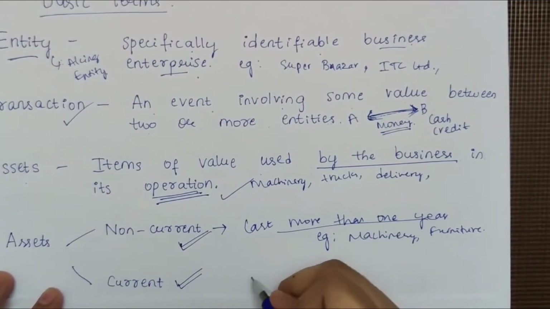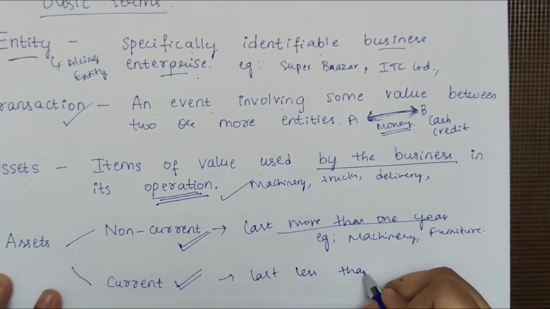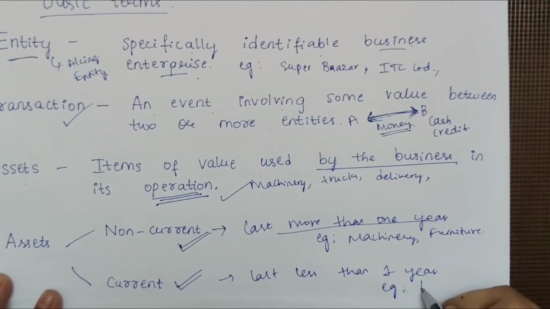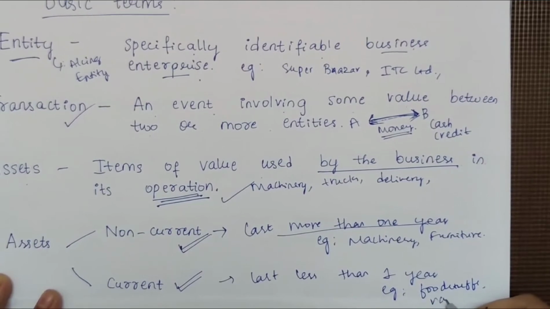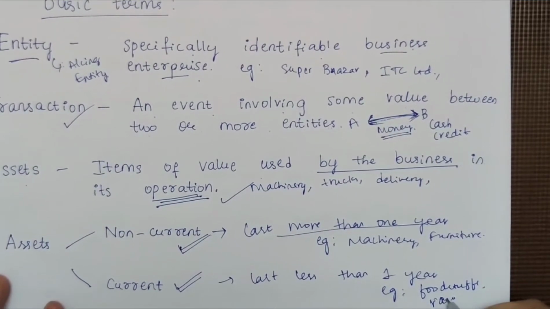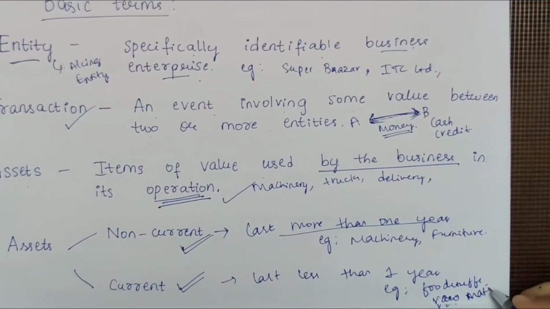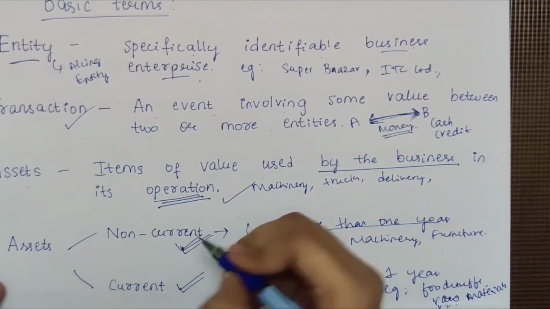Current assets are those that last less than 1 year. For example, foodstuffs, raw materials such as perishable raw materials. So the assets will be of different categories, that is non-current and current.